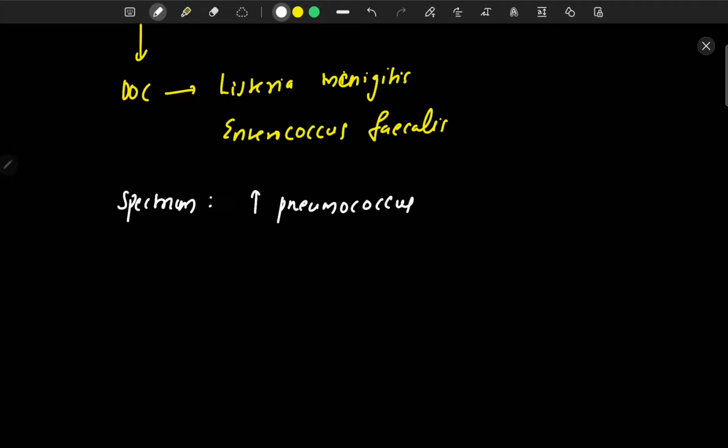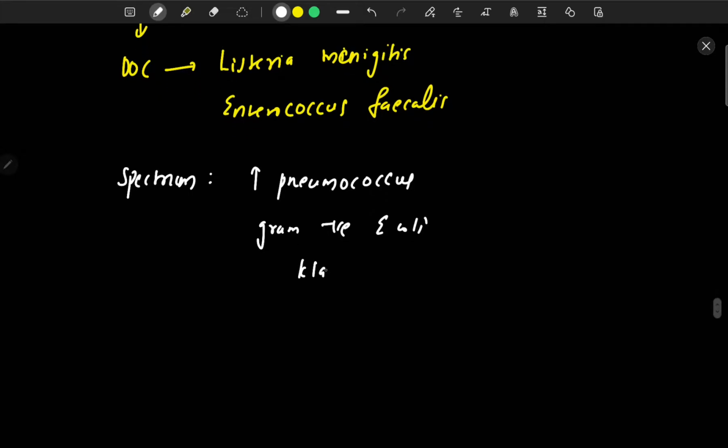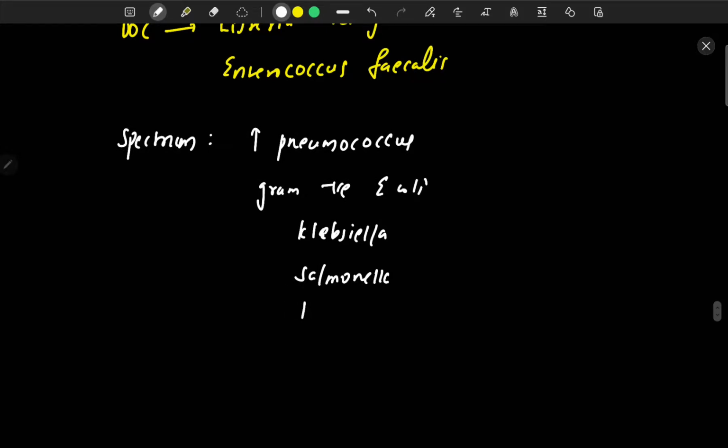They are also more active against gram negative organisms such as E. coli, Klebsiella, Salmonella, H. pylori, and Enterococcus. So compared to penicillin G, ampicillin and amoxicillin are more effective.